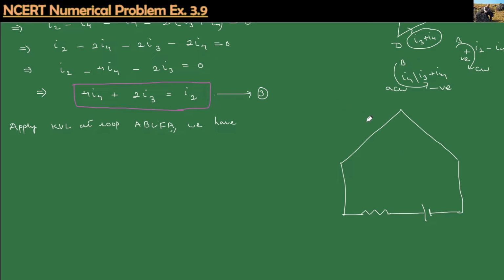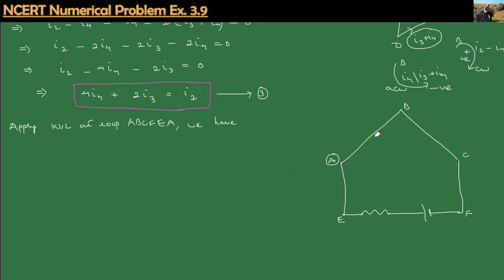So from here, this is A, B, C, F, E, A. There is a slight mistake over here. A, B, C, F, E, A, which means this point A is our reference point.